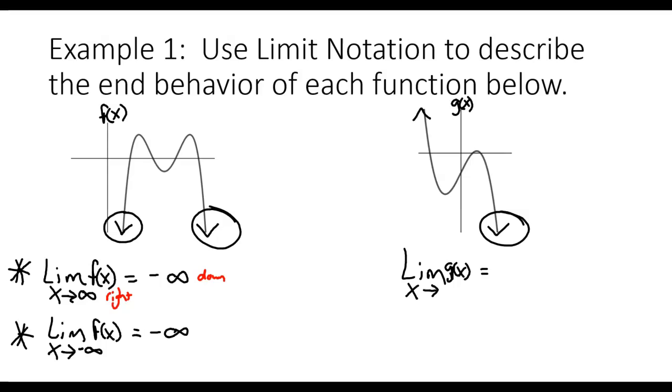Okay. What do you guys think? Why am I going to put a positive there? It's on the right side. Okay, good. David, what am I going to put here? And why is that? Because going in a downward direction.